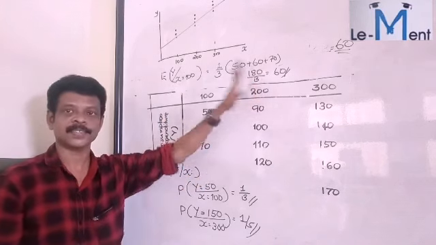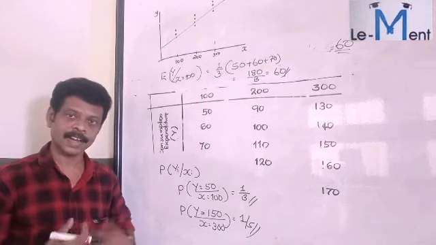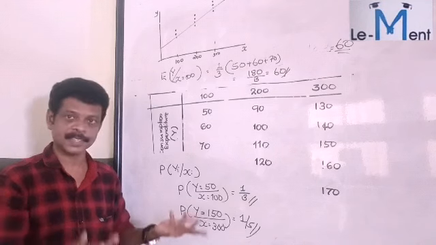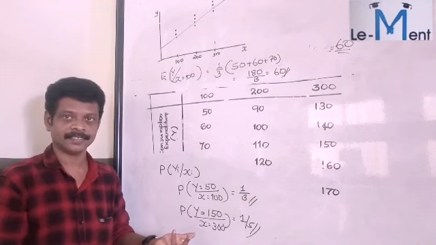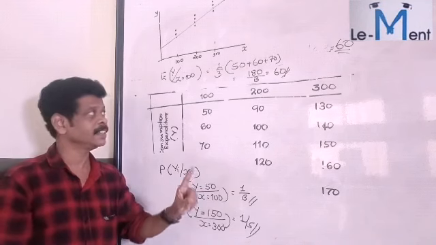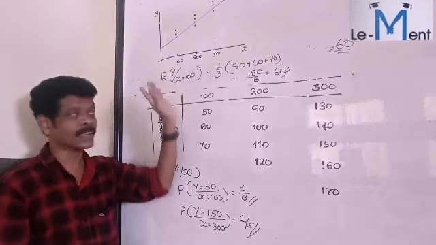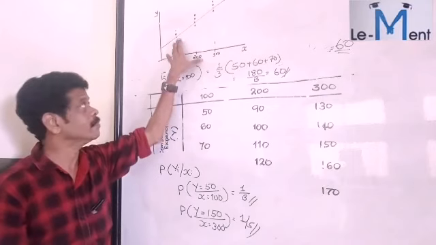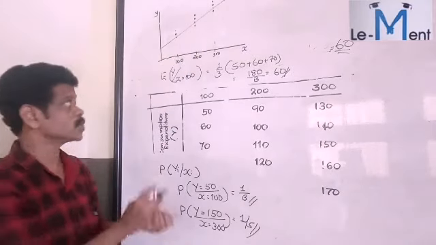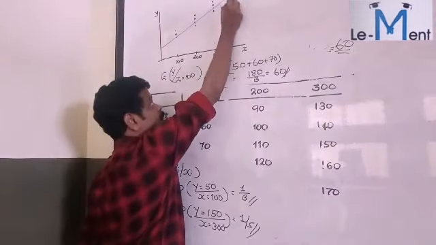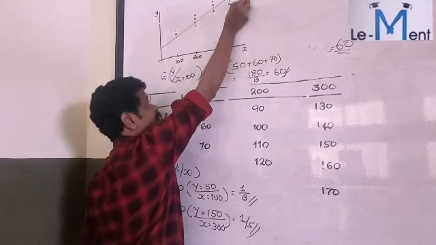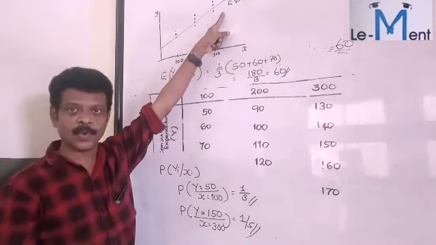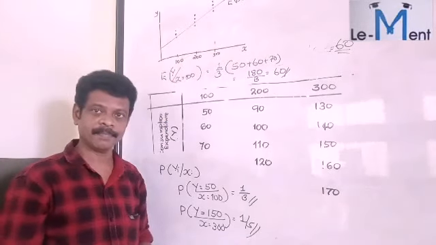We can calculate the expected value of y given x equal to 200, given x equal to 300, etc. And in this scattered diagram, this straight line shows the expected value of y given xi. This is the expected value of y given xi.